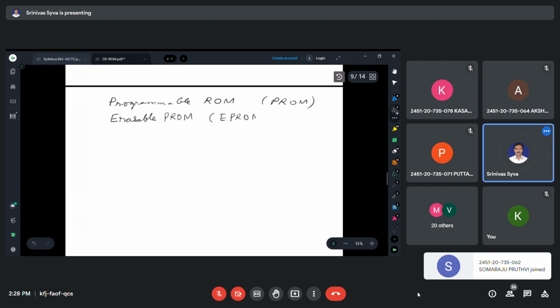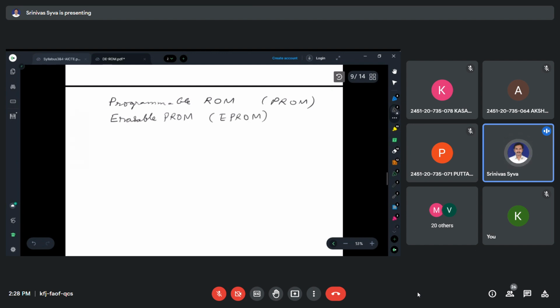And another is electrically erasable programmable read-only memory. This is called EEPROM. So these are different versions.